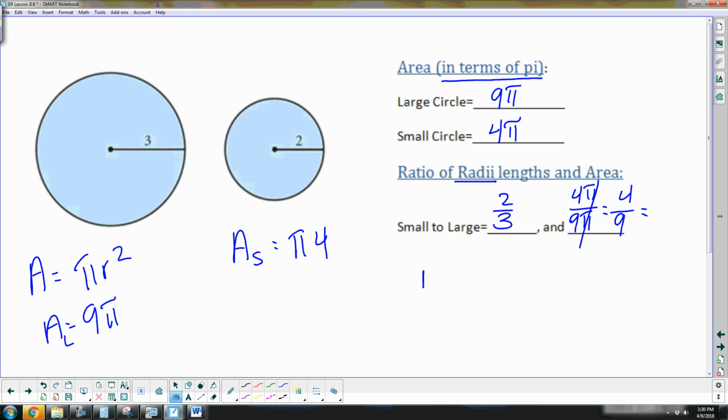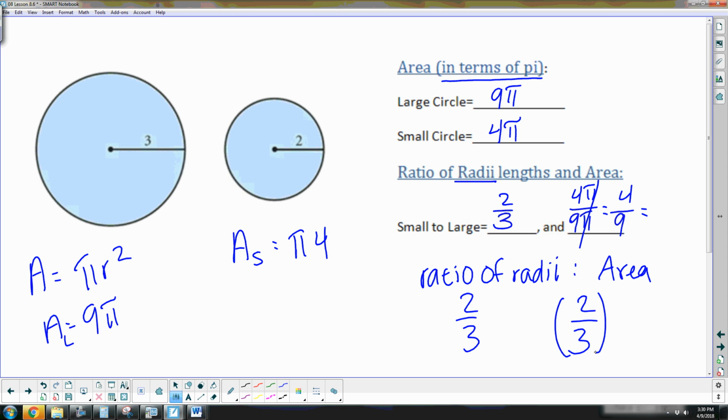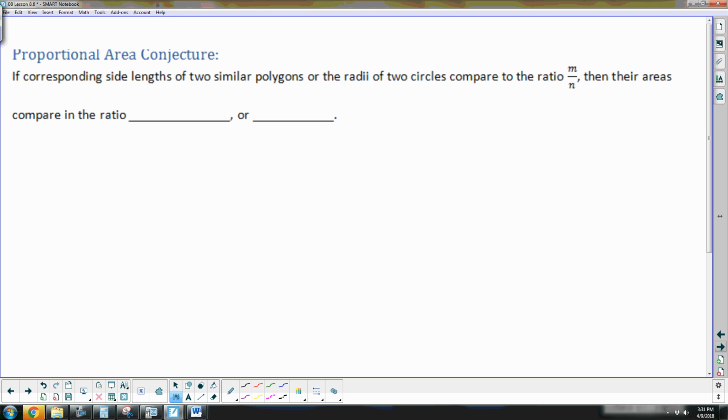If we look at the ratio of radii, which is 2 to 3, to area, which is 2 to 3 squared, which is 2 squared to 3 squared, we get 4 to 9, which is the same as our actual ratio of areas.